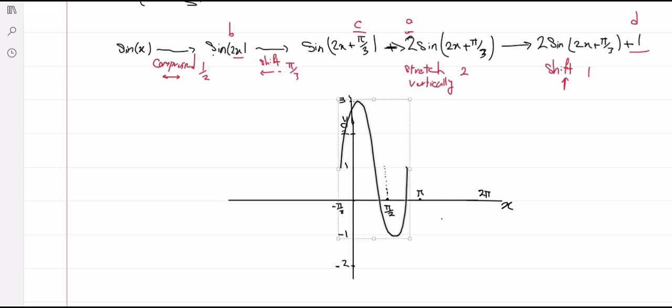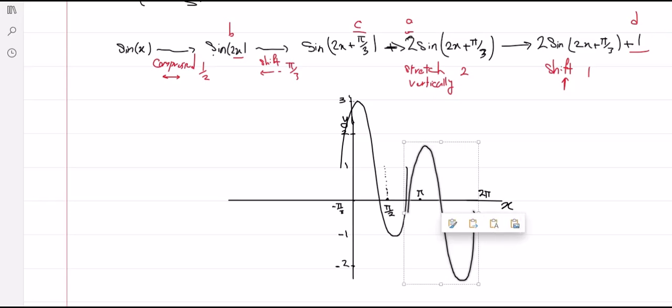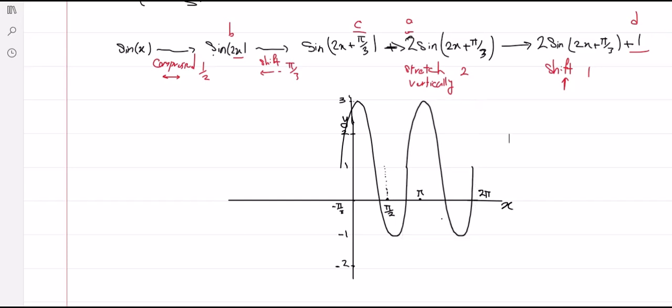So I'm just going to copy this function now and paste it onto the right side, which would be exactly looking like this. And also to the left side, which would be looking like this. So our final function would be looking like this.